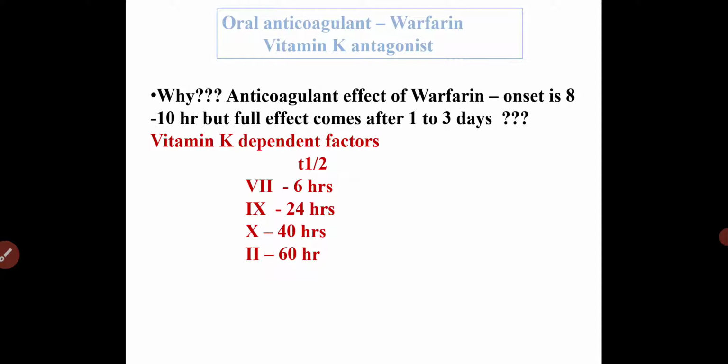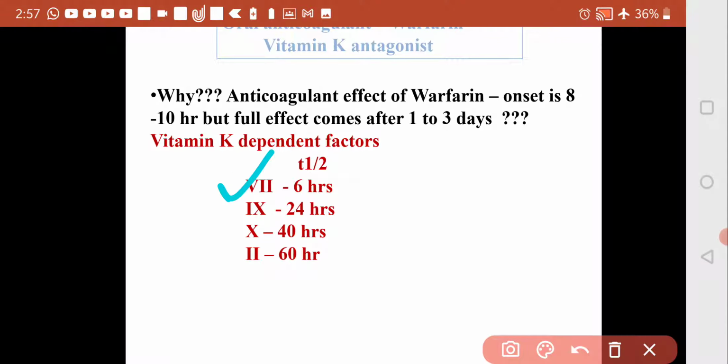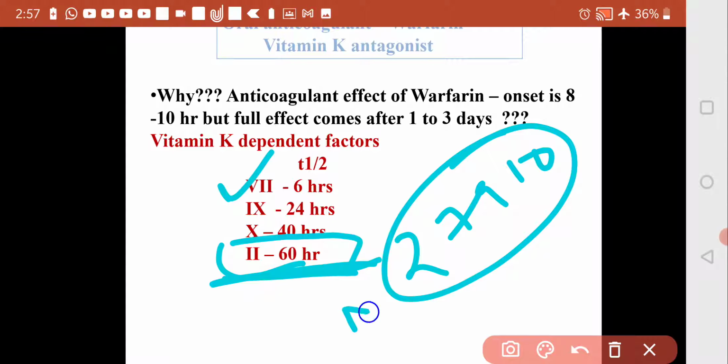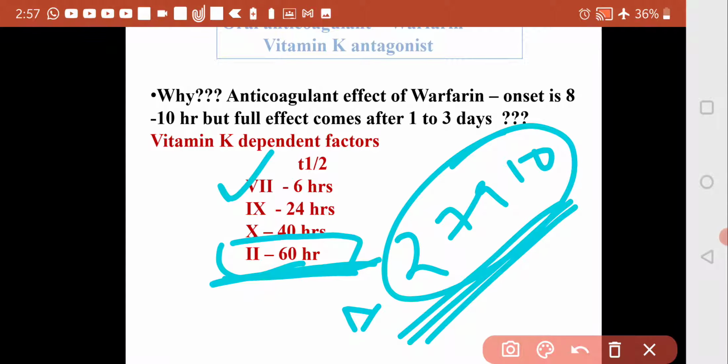Because warfarin inhibits the activation of factors 2, 7, 9 and 10, and the half-life of factor 7 is 6 hours, but the half-life of factor 2 is 60 hours. So when the activated factors 2, 7, 9 and 10 in the blood disappear, then the full effect of warfarin starts.